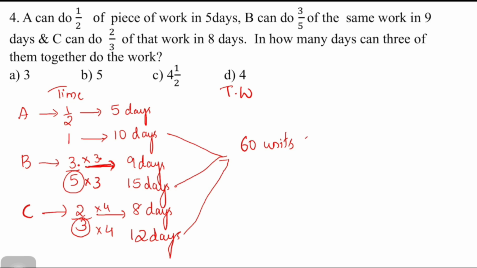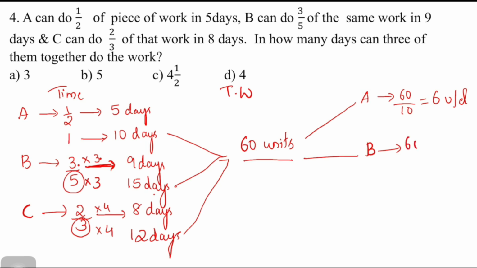So let us see the efficiency of them. If A can do 60 units in 10 days, in 1 day how much will A do? 60 by 10, which is equal to 6 units per day. Similarly, B will do 60 units in 15 days.